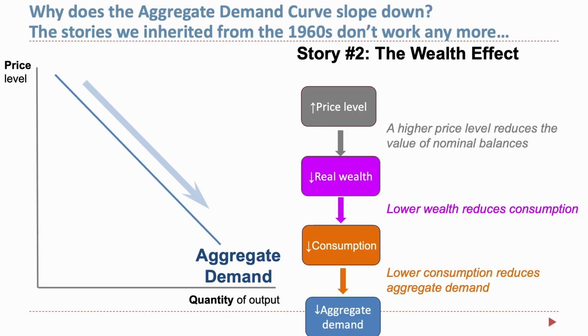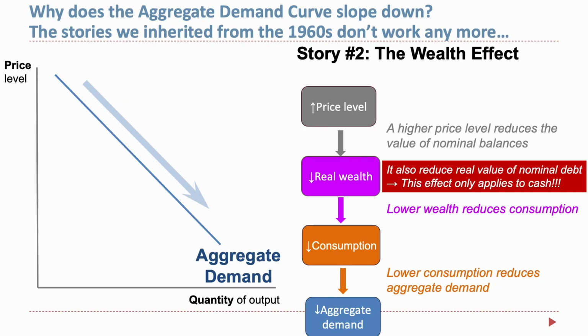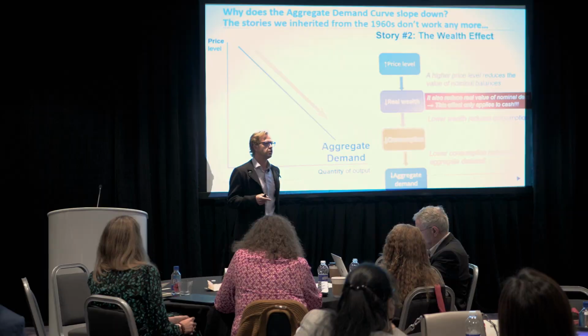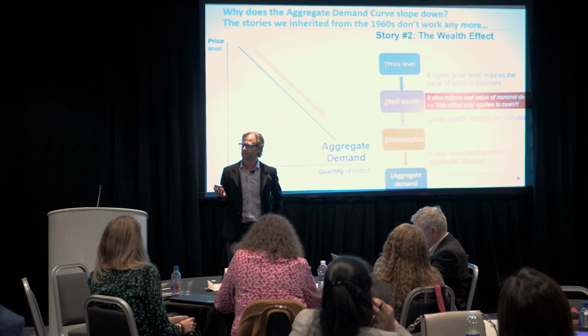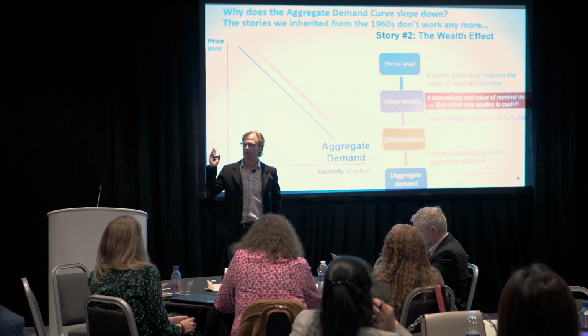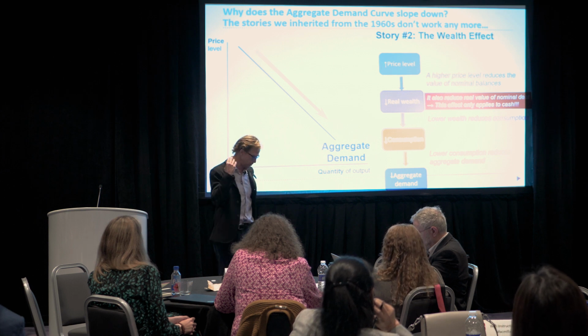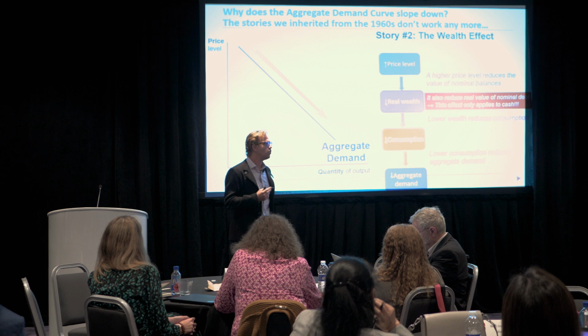So the problem here is it will reduce the value of nominal debts just as much as it reduces the value of nominal balances. So the only asset this doesn't apply to is cash, because it comes from the government, right? Now open your wallet.